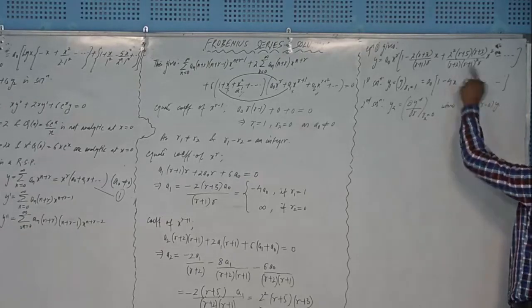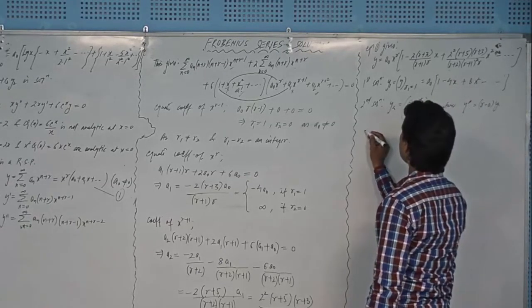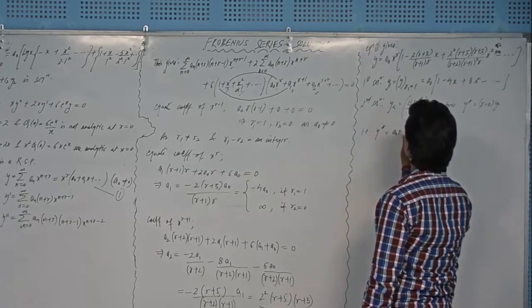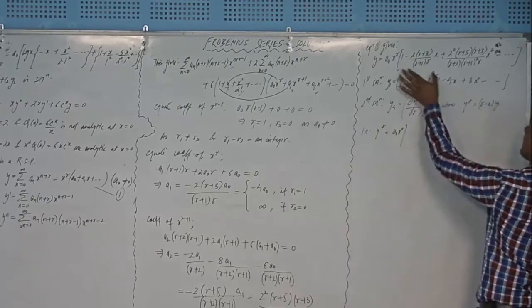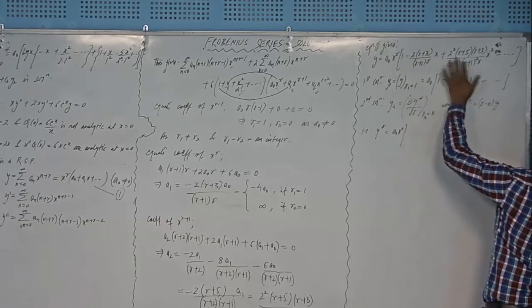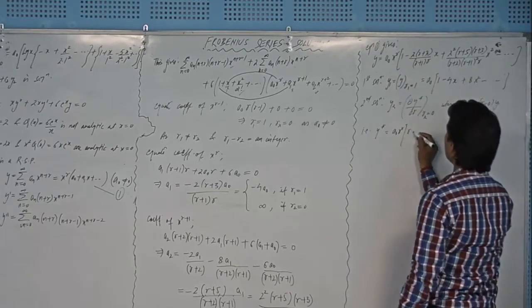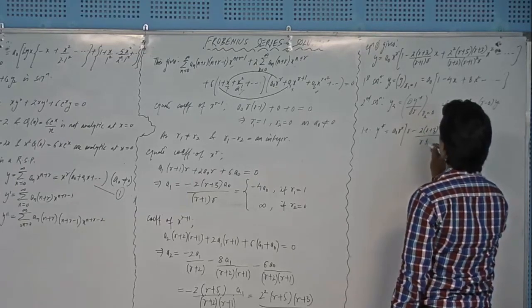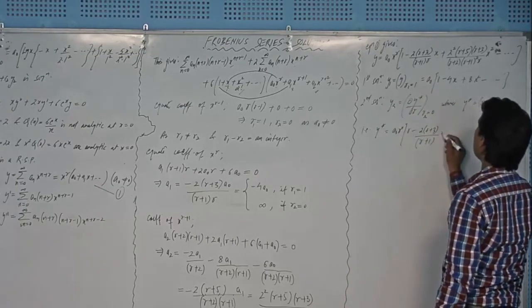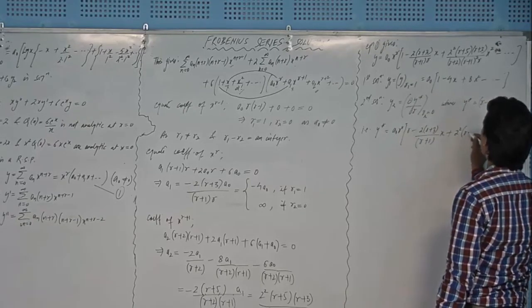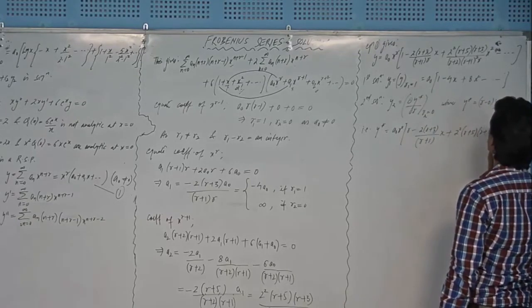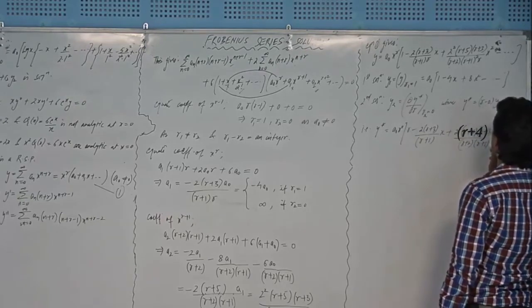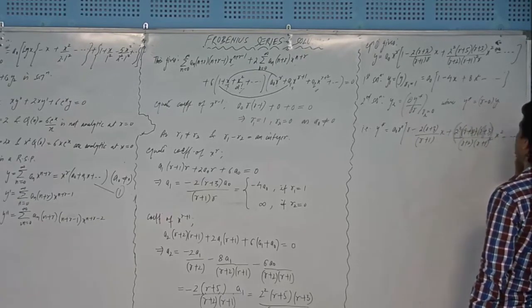So I have to multiply this with r, so that y star is equal to a naught x to the power r, and if you multiply y with r, you have to multiply each and every term with r. So multiplying the terms of series with r will produce 2(r plus 3) over (r plus 1). This r will be cancelled in the denominator, plus 2 square (r plus 5)(r plus 3) over (r plus 2)(r plus 1) whole square x square.